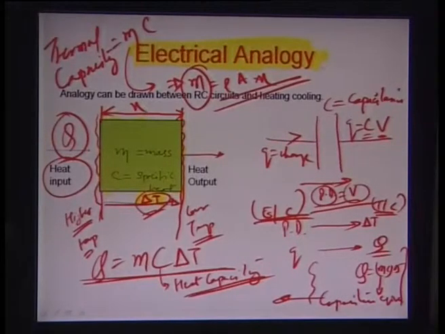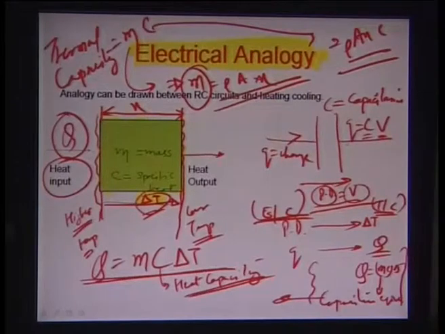So the thermal capacity here should be represented as rho A x times c. That is how you can represent the thermal capacitance.